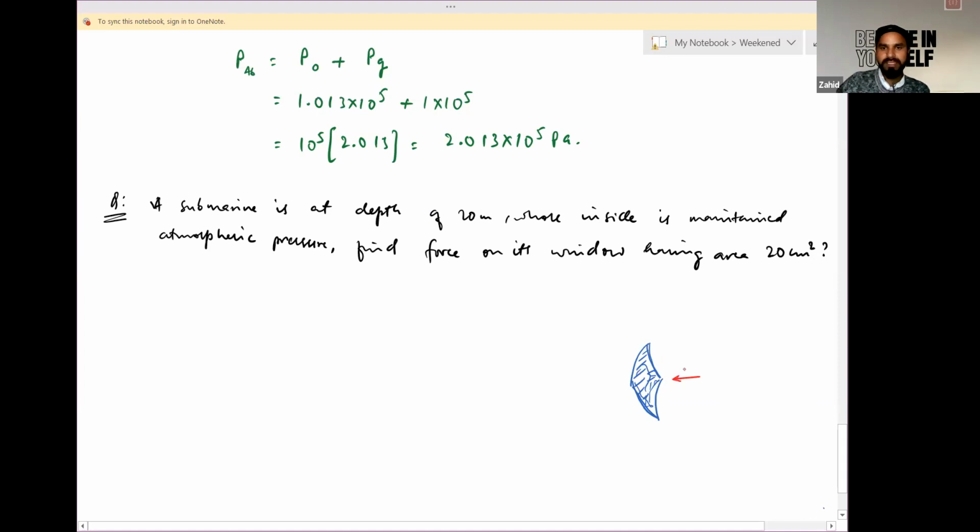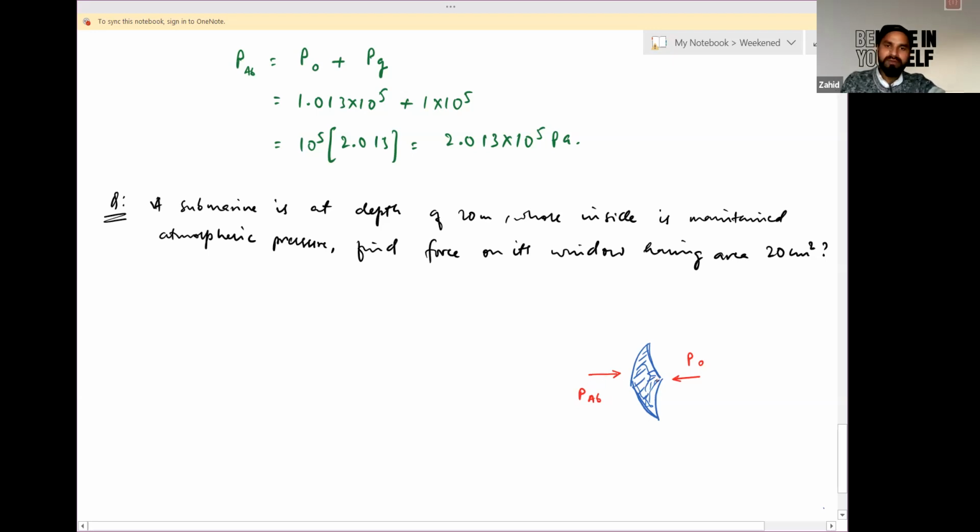So there will be pressure from inside, P naught, and there will be pressure from outside, that is absolute pressure. As I have defined earlier, pressure at any point will be independent of direction. You may take any direction, upward, left, right, or bottom.